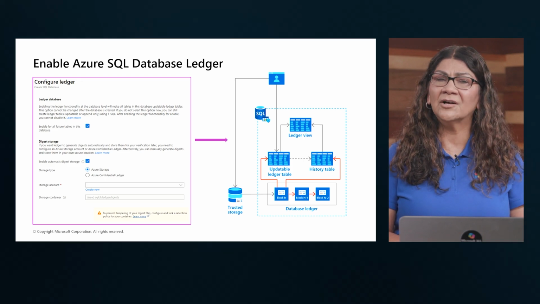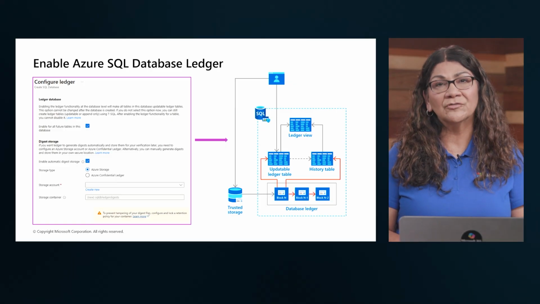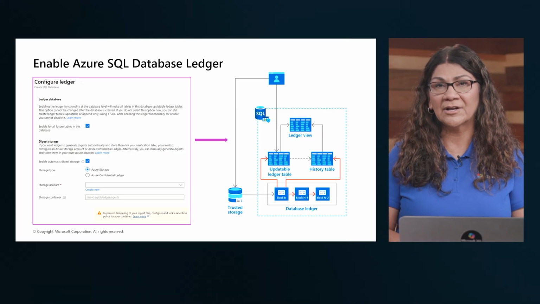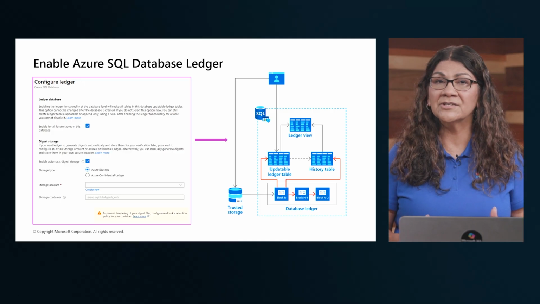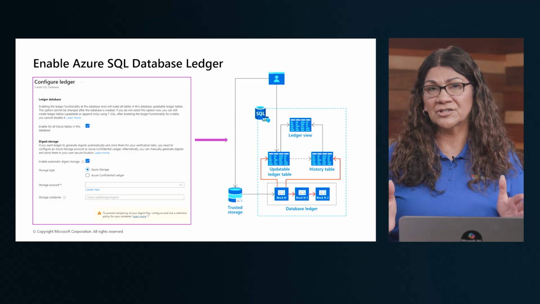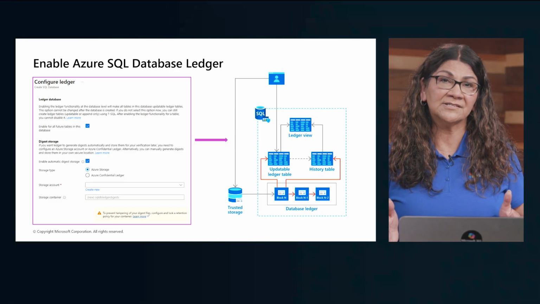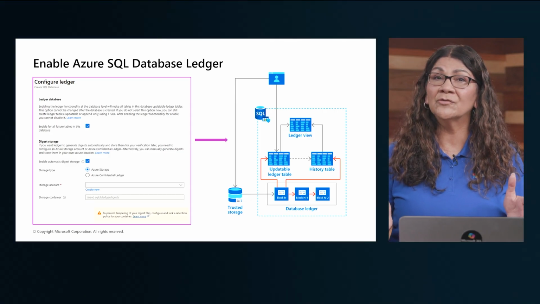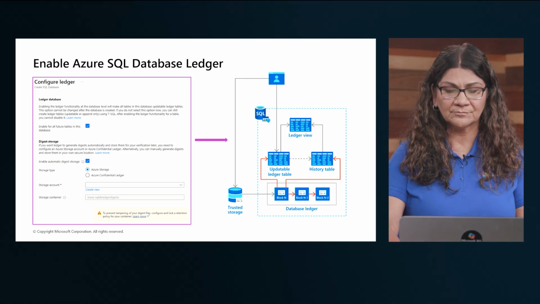This guarantees that all data changes are cryptographically tracked, providing clear evidence of tampering and enhancing data integrity. Additionally, enabling automatic digest storage, selected by default, creates a secure Azure storage account and container to store cryptographic digests, which are used to verify the authenticity of data over time. This setup supports audit readiness.